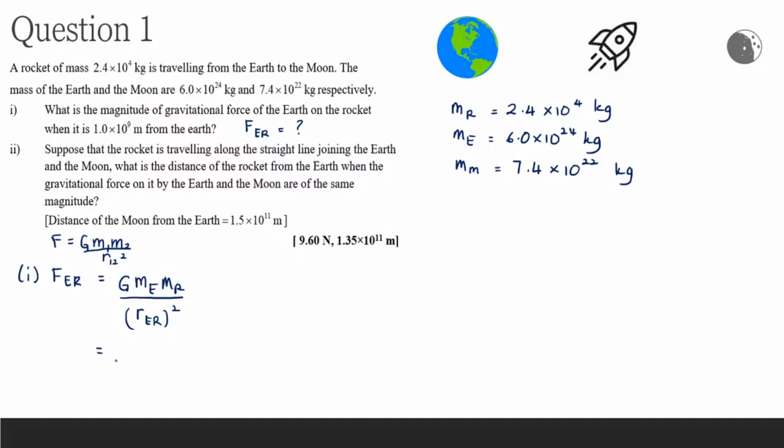Okay, jangan lupa square lah. Okay, G kita ialah constant. G is 6.67 exponent negative 11. Mass of the Earth is given 6 exponent 24 kilograms.